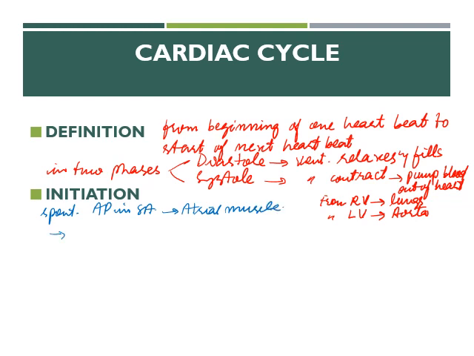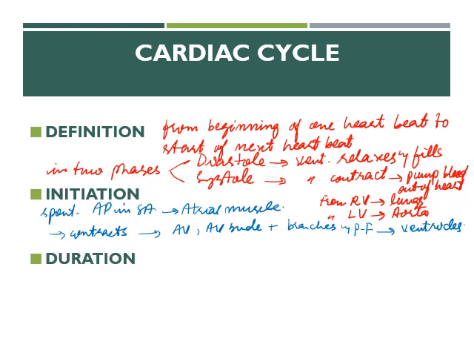Then the atrial muscle contracts, and the wave of depolarization spreads from the AV node, AV bundle, and Purkinje fibers into the ventricles, and after that the ventricles contract and pump blood.